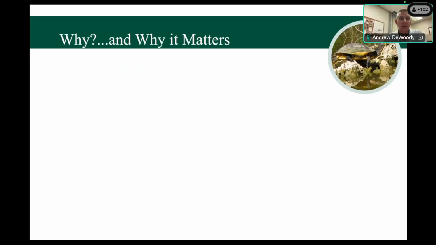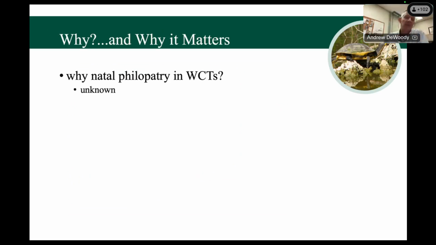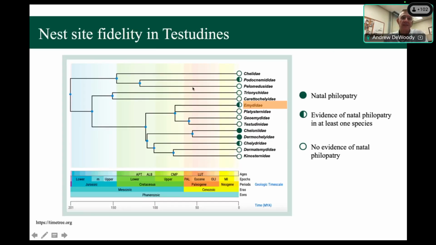Okay. So, so what? Why does this matter? Well, one question is, why do western chicken turtles exhibit philopatry? We don't know for certain the answer to that. The previous slide doesn't suggest that it's phylogenetically conserved, right? If everybody on this branch was philopatric, all of these would be filled, but that doesn't seem to be the case.